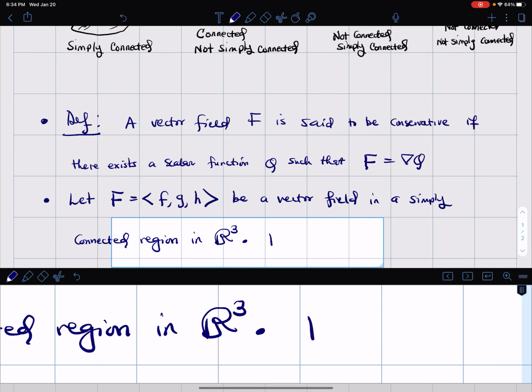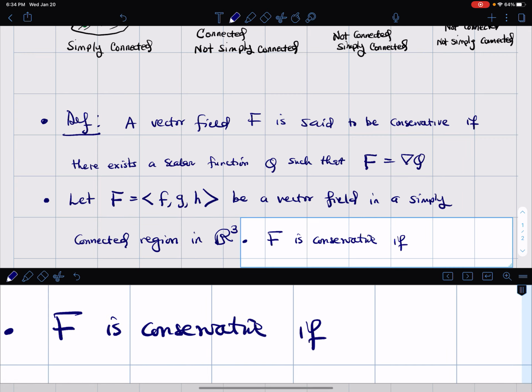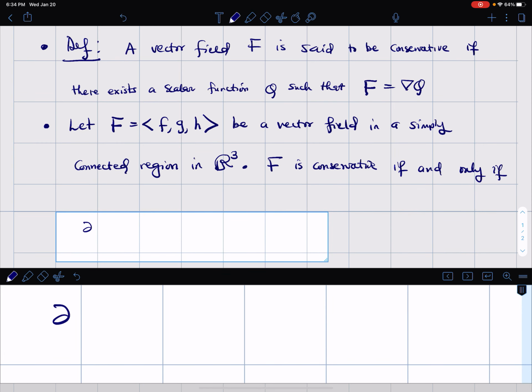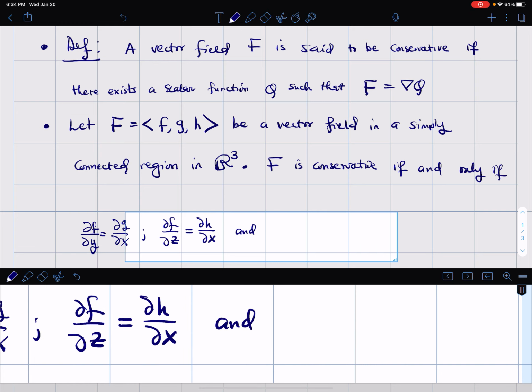F is conservative if and only if the following is true: df/dy is equal to dg/dx, df/dz is equal to dh/dx, and dg/dz is equal to dh/dy.